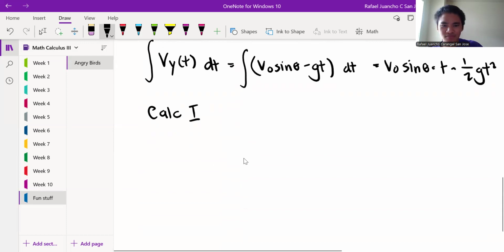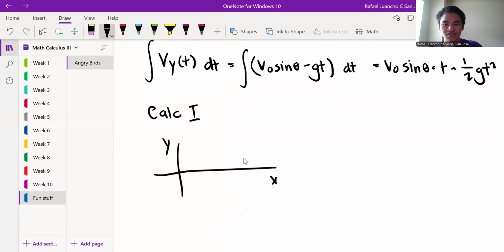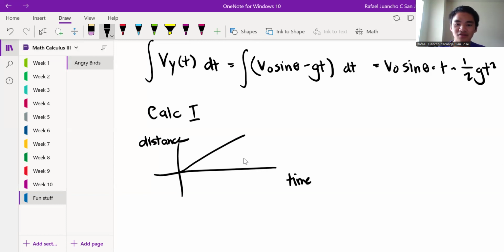In Calc 1, let's say we're driving a car, and we have this plane where the horizontal axis is time and the vertical axis is distance. If the car is at zero at time zero, the distance traveled is zero.